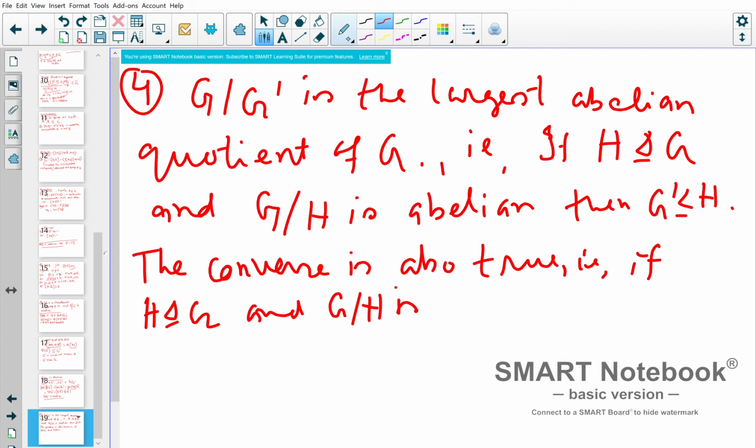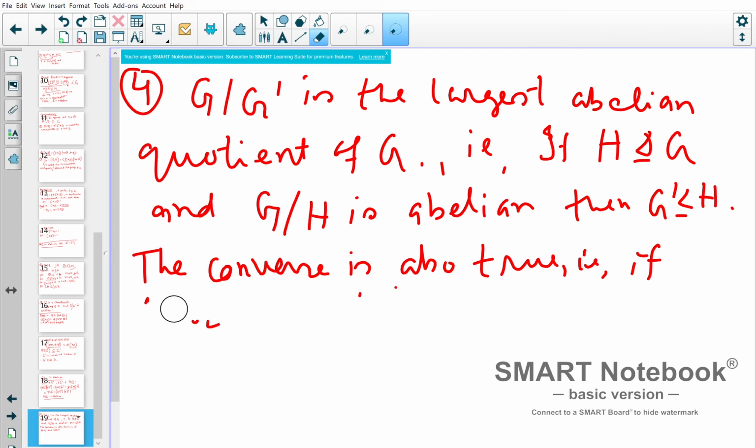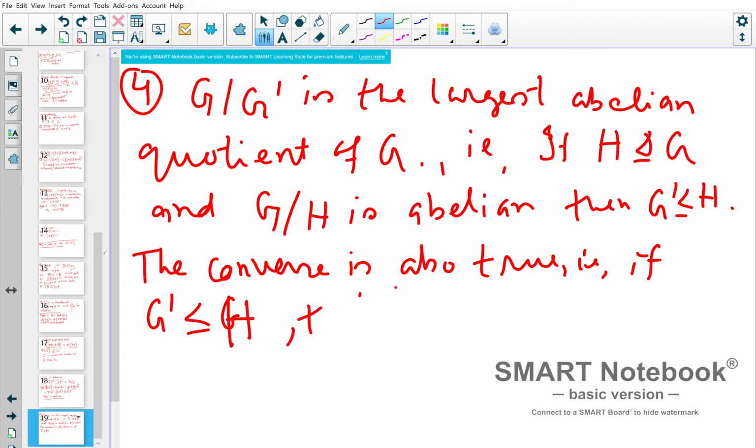Converse. What would be the converse? If G dash is sitting inside H for any subgroup H, then H is normal in G and G mod H is abelian.